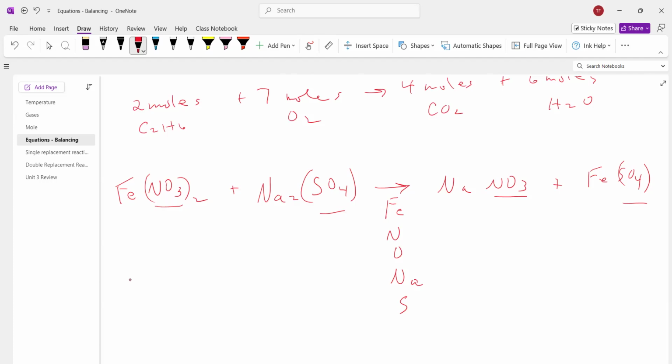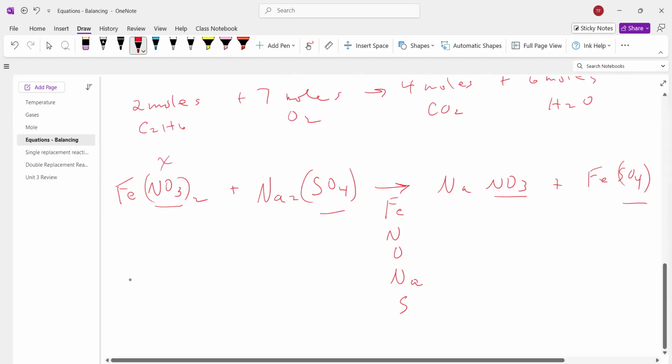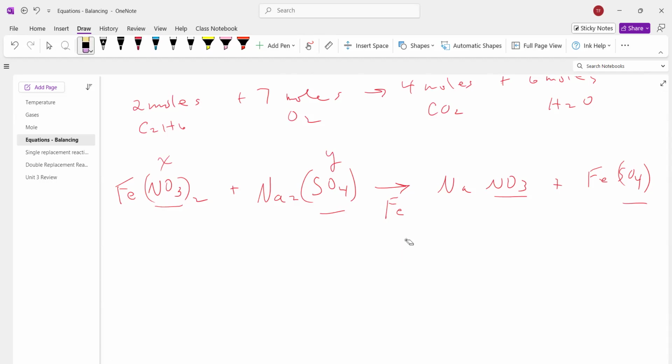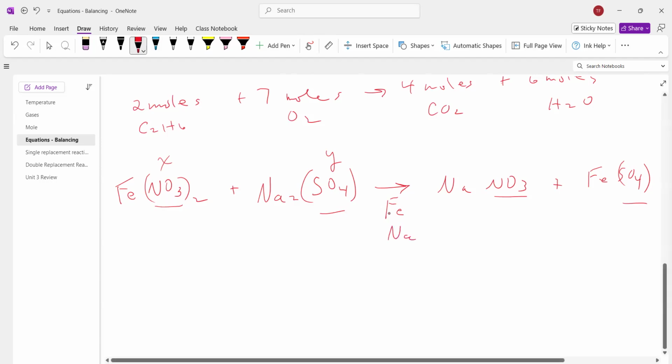So what we're going to do is we're going to say NO3 is like X. SO4 is like Y. So we are now going to redo the inventory. So instead of iron, we're going to have iron, and we're going to have sodium. But instead of NO3, we're going to have X. Instead of SO4, we're going to have Y.